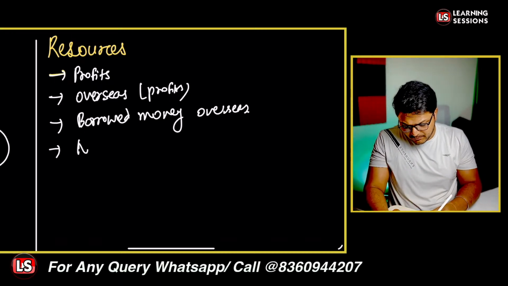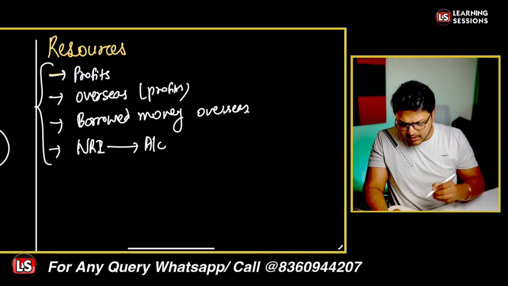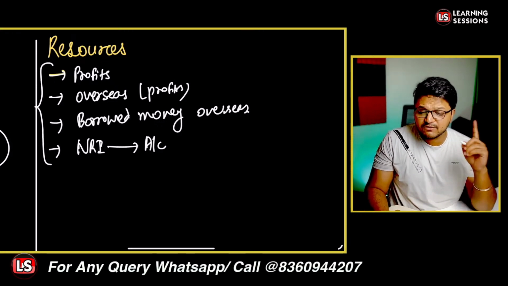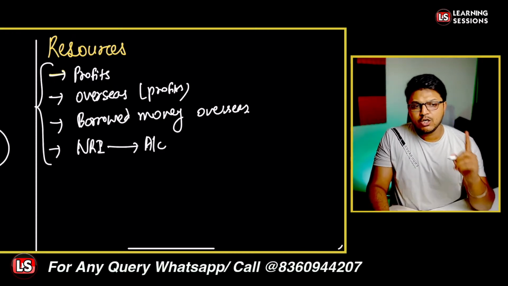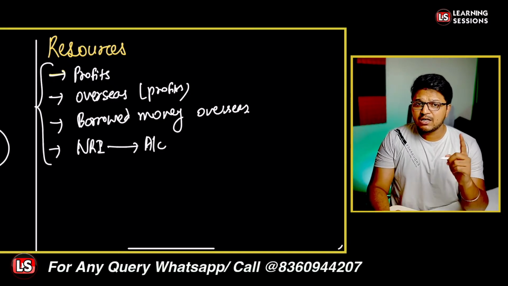Let's say NRI depositors are particularly having accounts with the banks over here. So these are the resources from where the treasury will be getting the foreign currencies. And also whatsoever money is placed in the EEFC account, that is exchange earner foreign currency account, or in the nostro accounts, or particularly rupee funds swapped into the foreign currency, all those will be the sources from where the treasury will be getting the foreign exchange.